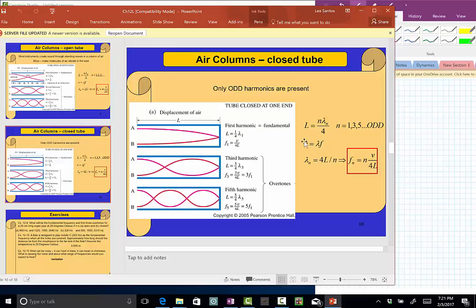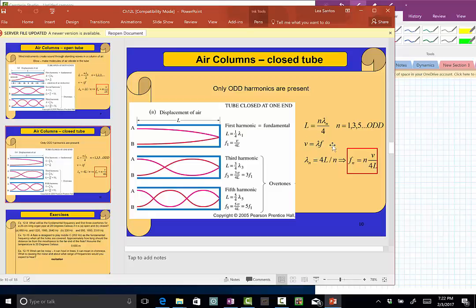Again, using the wavelength and the wave velocity, we can write an equation for the frequency. From this top, I see that the wavelength is equal to 4L divided by N. Remember, this N is just odd.